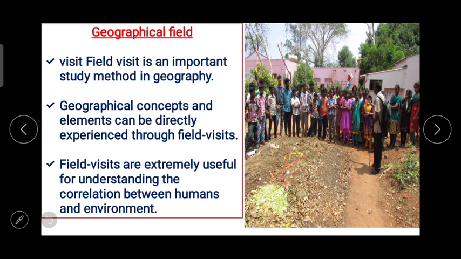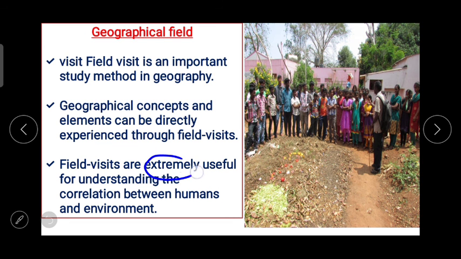For example, किसी एक पर्टिकुलर जगह का क्लाइमेट या फिर टेम्परेचर या फिर रेनफॉल या फिर पॉपुलेशन डिस्ट्रीब्यूशन अगर हमें देखना है, तो उस जगह पे जाके अगर हम उसकी स्टडी करेंगे, सर्वे करेंगे, डेटा कलेक्ट करेंगे, तो वो हमें समझने में बहुत ईजी होता है और हमारे पास उसका डेटा भी होता है. So field visits are extremely useful. The word extremely is used here, which is very important.